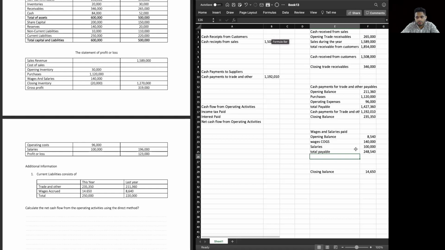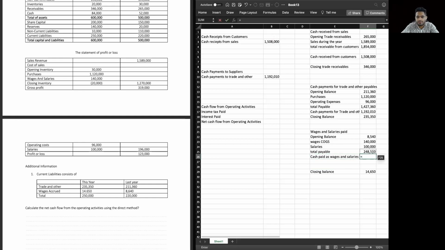So now when you look into this, your total amount payable is going to be 248,540, whereas 14,650 is going to be your closing balance. So the difference between these two is going to be the cash paid as wages and salaries.